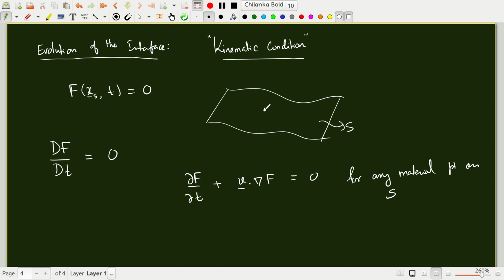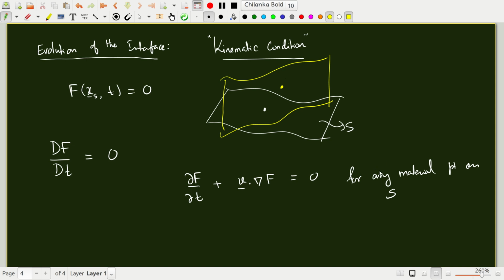All this is saying is that at a later time, the shape of this interface may, let me draw it with a different color, it may do like this, okay, and this point would have moved, let's say, here. And because f always contains the same set of points, if I take the time derivative of f as you follow the motion of the interface, then of course it will always be 0 because you are always staying at the interface.